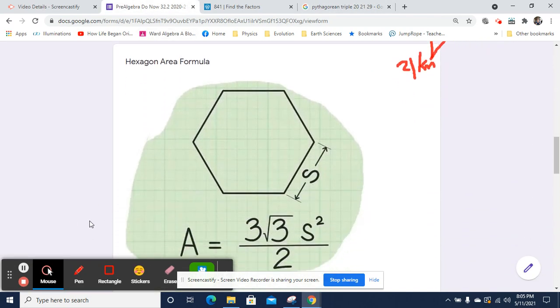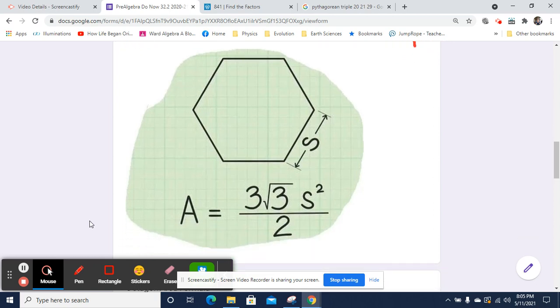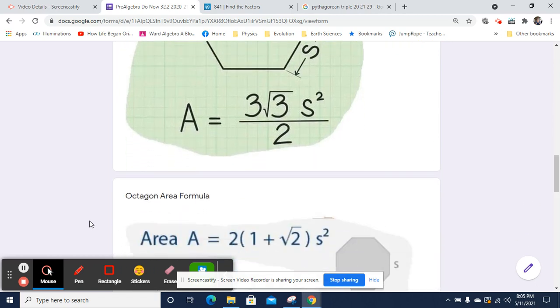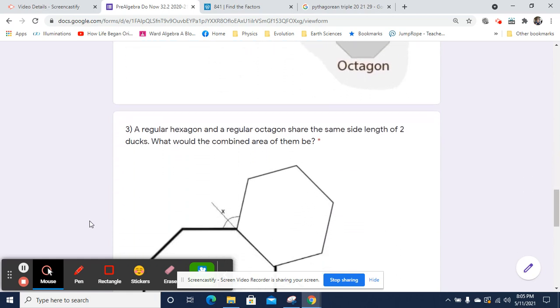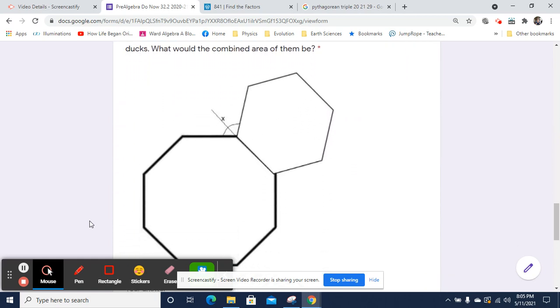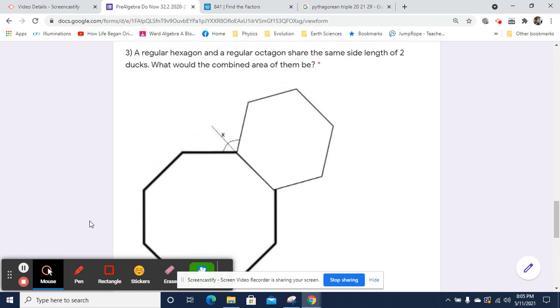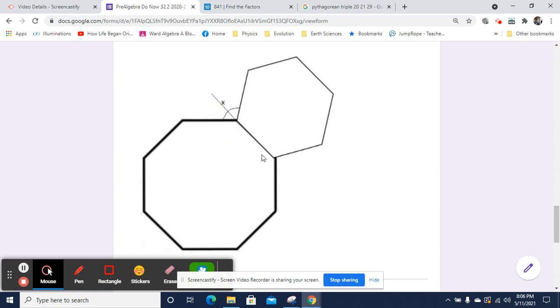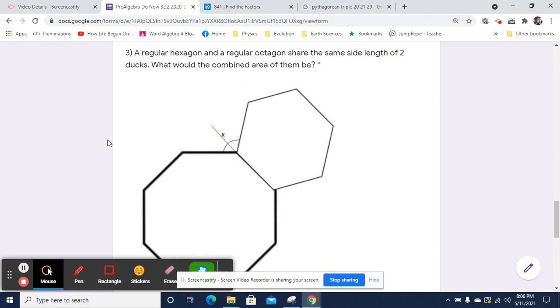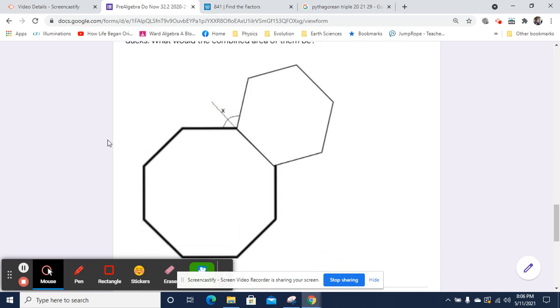All right, now we've got the hexagon area formula for you, and the octagon area formula for you. And we have a regular hexagon here attached to a regular octagon, and they share the same side length. So this side length is 2 ducts, okay?